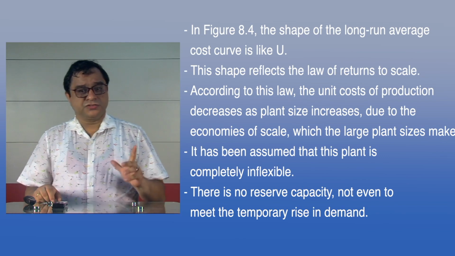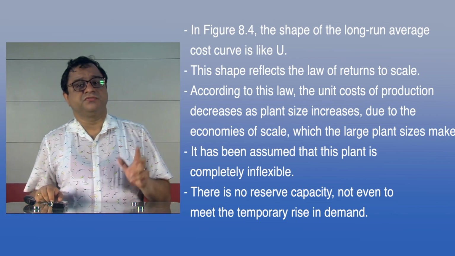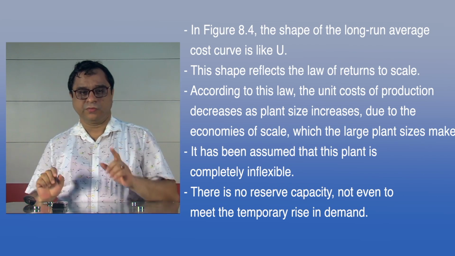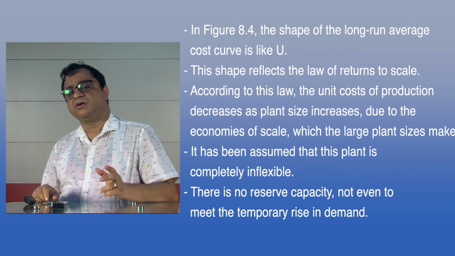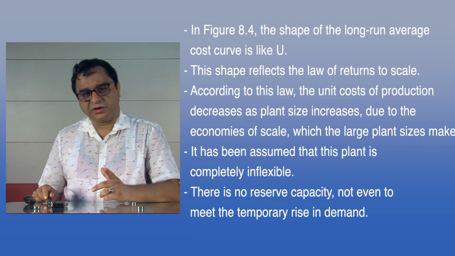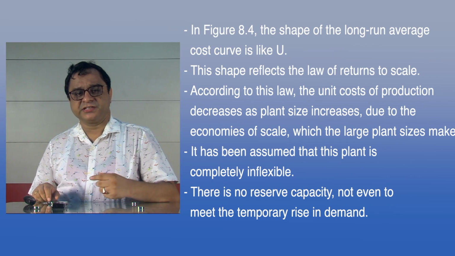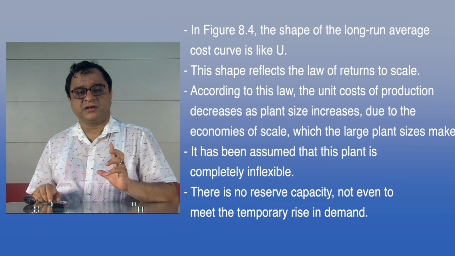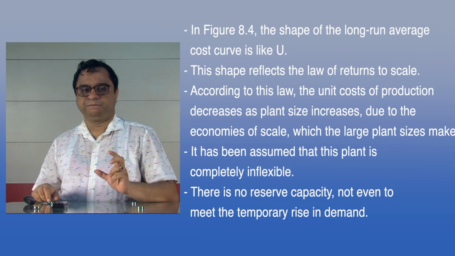Dear learners, please note that in figure 8.4, the shape of the long run average cost is like U. This shape reflects the law of returns to scale. According to this law, the unit cost of production decreases as plant size increases due to the economies of scale which the larger plant size makes possible.